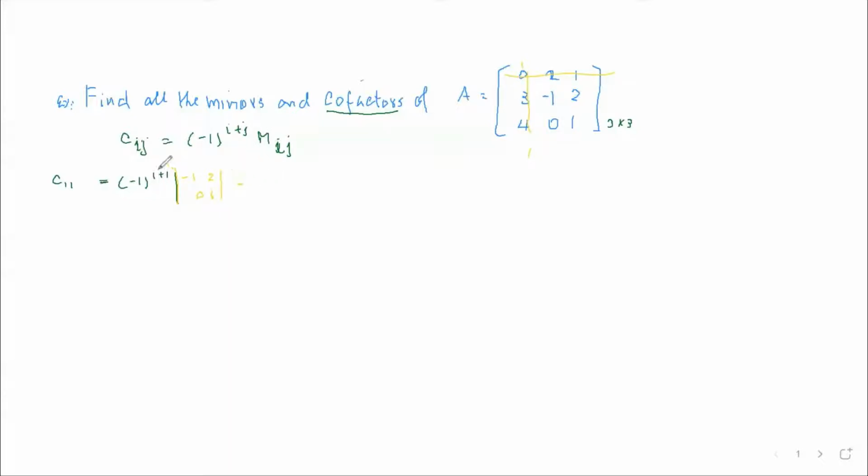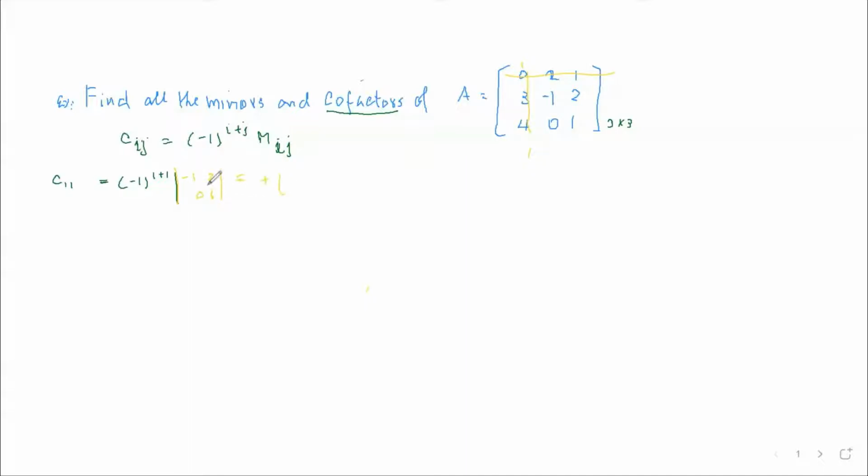1 plus 1 is power 2, so an even number, so it comes out with a plus sign. Then you multiply it with the determinant.